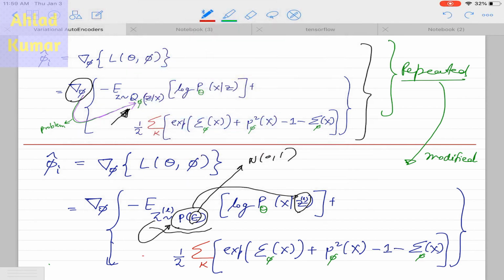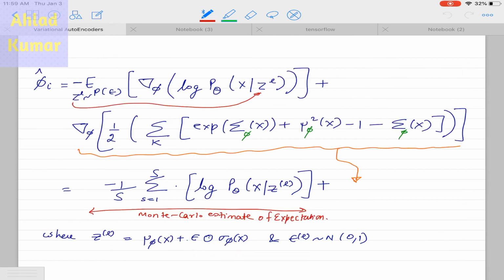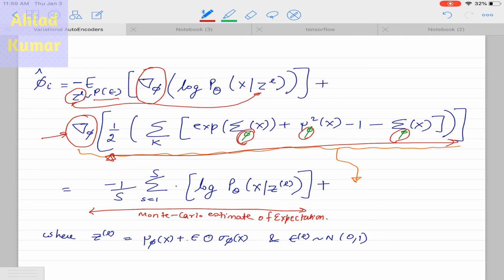Now that this transformation is done and no phi is appearing here, you can easily move the delta phi operator inside the expectation operator. That is what we have done here. We have moved the delta phi inside the expectation operator, and z^l is sampling values from p of epsilon naught. We have to calculate the derivative with respect to phi for this second argument also, because this second argument also depends on phi.